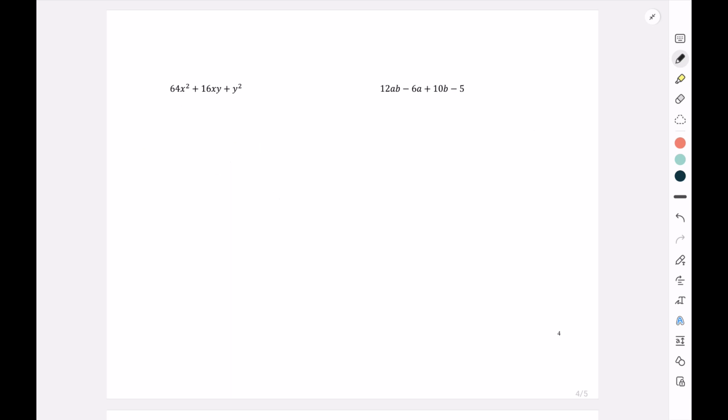So next we're given 64x squared plus 16xy plus y squared. For this one, we can see that it is a perfect square trinomial. So we have a and b, our a being 64x squared, and we can rewrite that as 8x in parentheses squared. And y squared would just be y in parentheses squared.